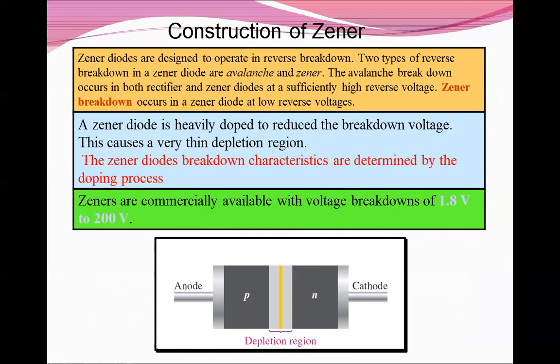A Zener diode is heavily doped to reduce the breakdown voltage. This will cause a very thin depletion region. The Zener diode breakdown characteristics are determined by the doping process. Zeners are commercially available with voltage breakdowns of 1.8 volt to 200 volt.